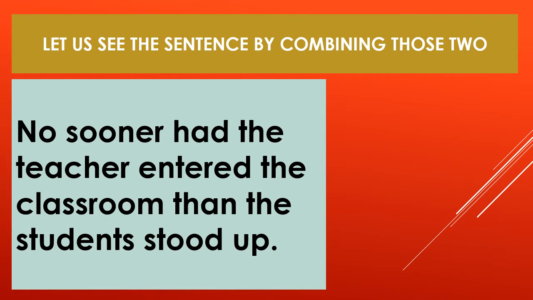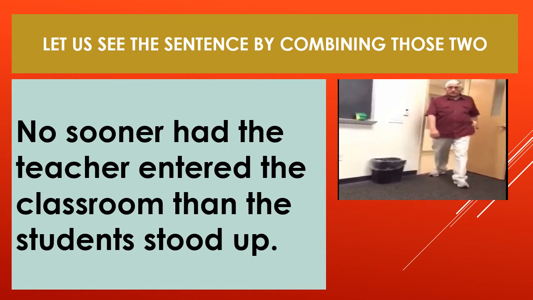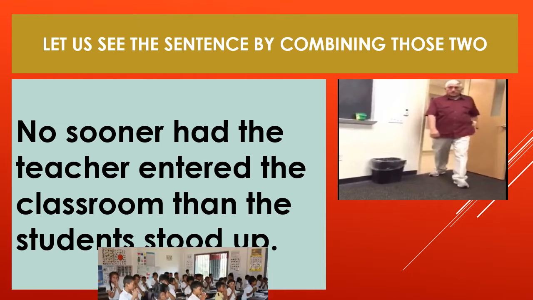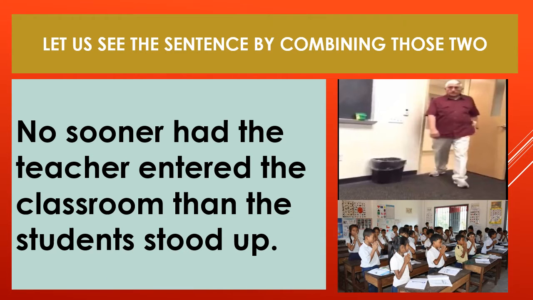See, no sooner had the teacher entered the classroom than the student stood up. Here, one single sentence makes sense of those two independent sentences. Here, one action happened after another action.